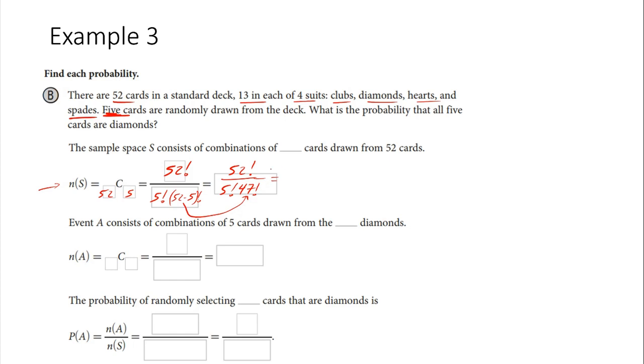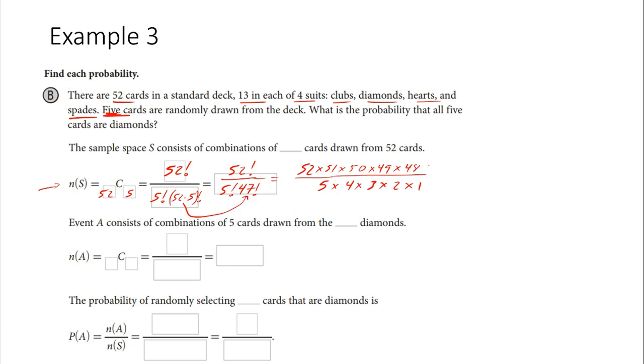Now, your calculator can do a lot of the legwork here. You could also realize that in reality, this is really just 52 times 51 times 50 times 49 times 48 all over 5 times 4 times 3 times 2 times 1.